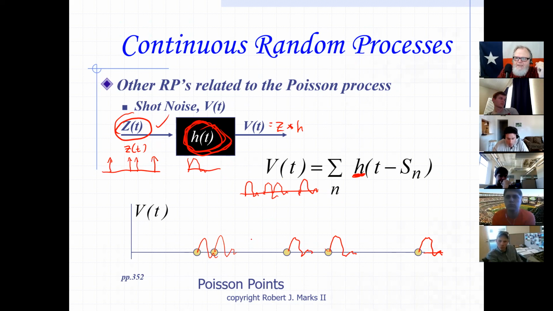Isn't that cool? So Poisson points are everywhere, and Poisson stochastic processes are everywhere.